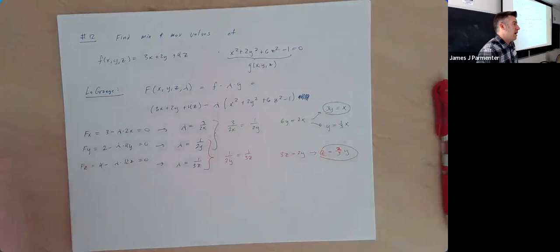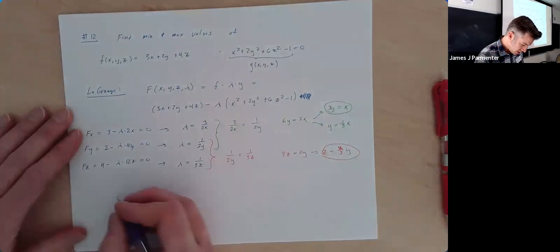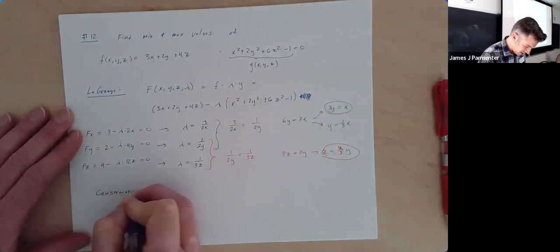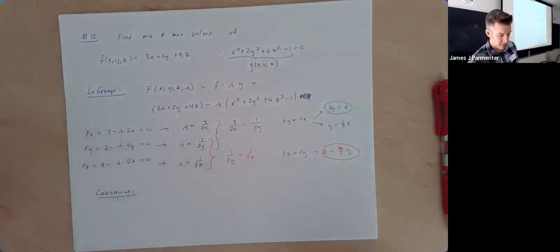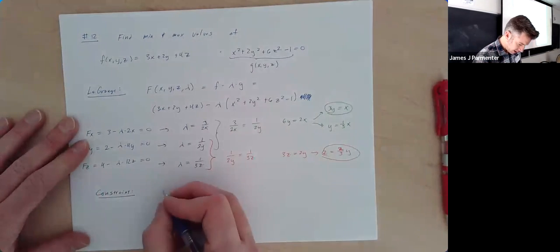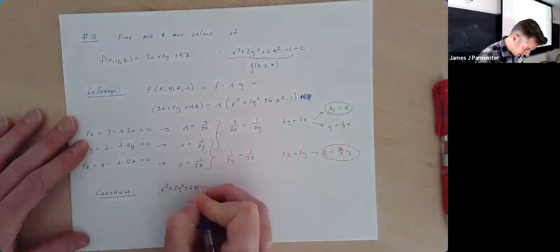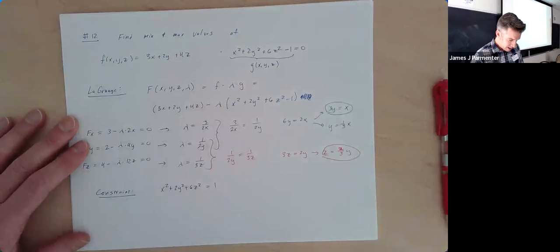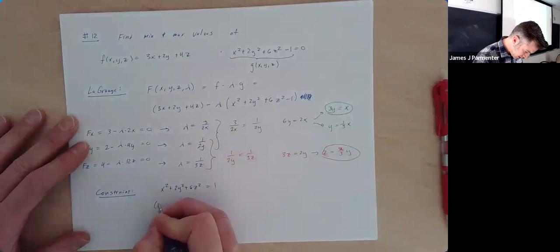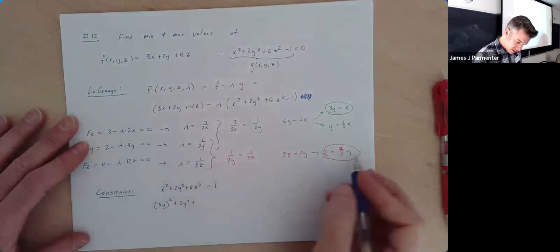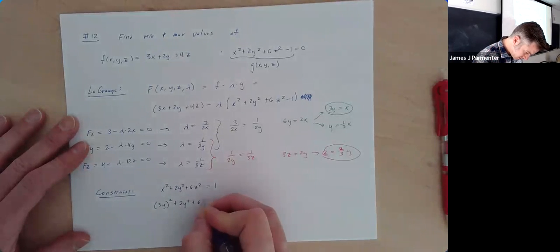And that's usually what ends up happening with these Lagrange multipliers. Not all the time, but most of the time. So our constraint, which you could write as f lambda if you felt the need to. I don't think we feel the need to. I'm going to write this constraint as x squared plus 2y squared plus 6z squared equal to 1. And I'm going to plug in for x, 3y, and for z, 2/3 y.